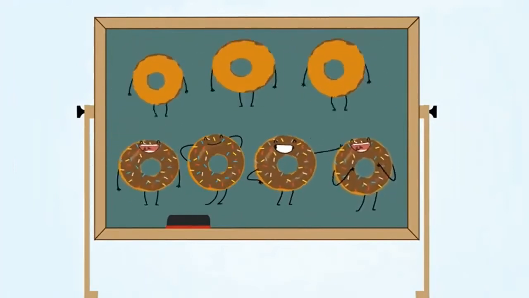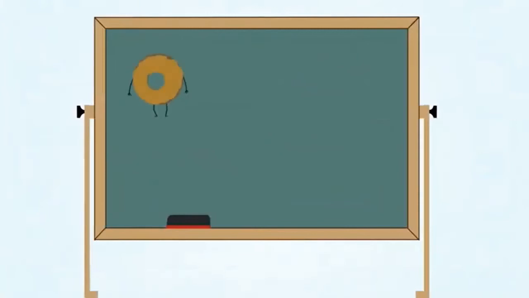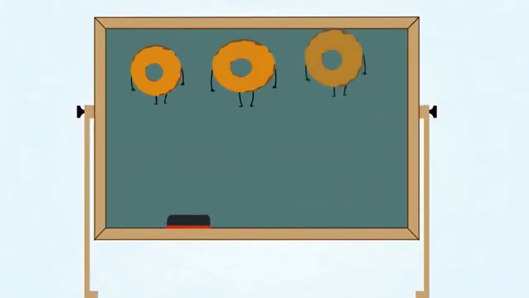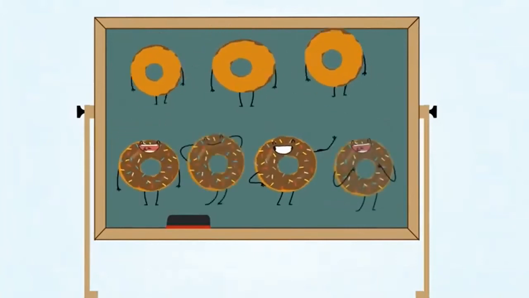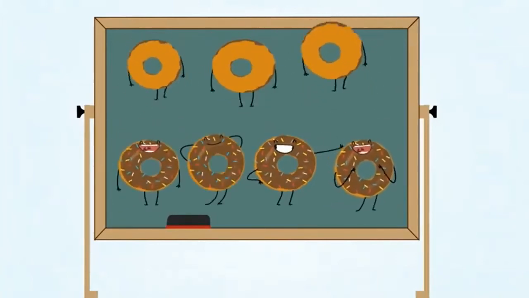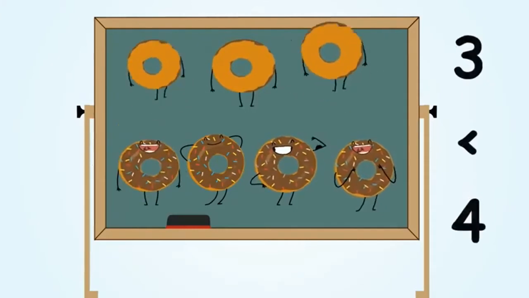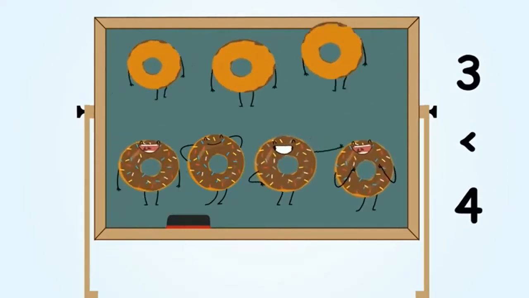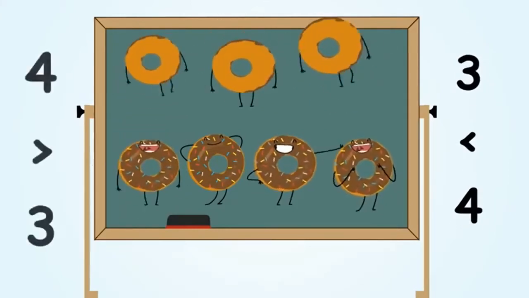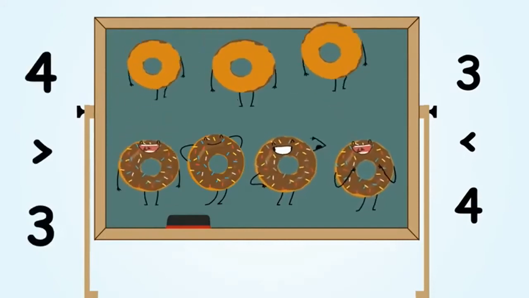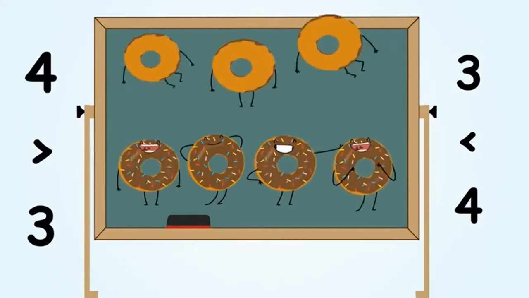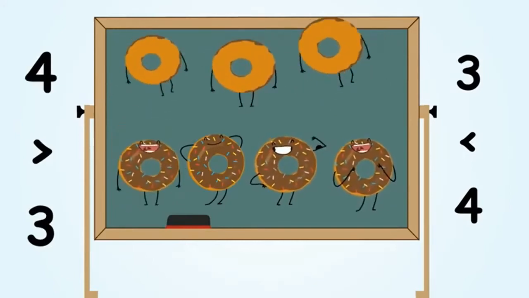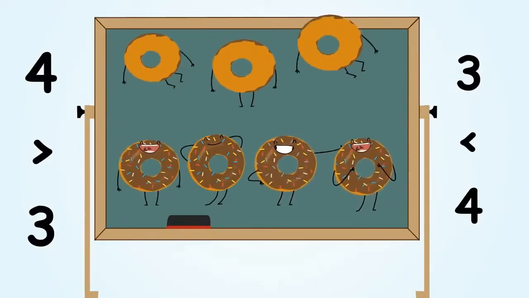So we have 1, 2 and 3 plain donuts and 1, 2, 3, 4 chocolate donuts. So 3 is less than 4, or 4 is greater than 3. Both things apply here. Less than and greater than.